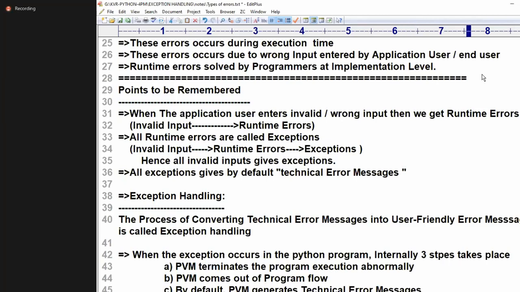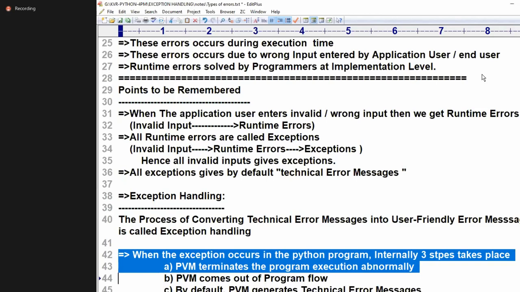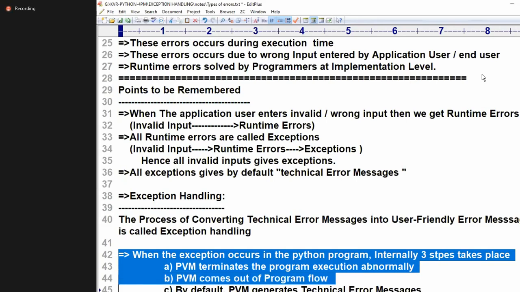The exception is occurring in a Python program. Once again I will repeat: when an exception occurs in a Python program, 3 steps take place. What is the first step? Abnormal termination. Comes out of the program flow. By default, PVM generates a technical error message. To do these A, B, C steps, PVM will create an object of an exception class.